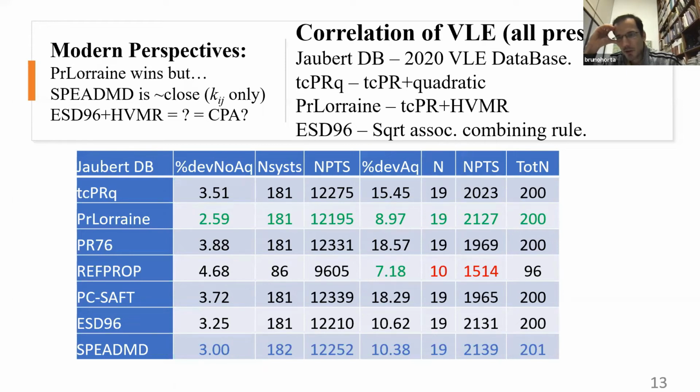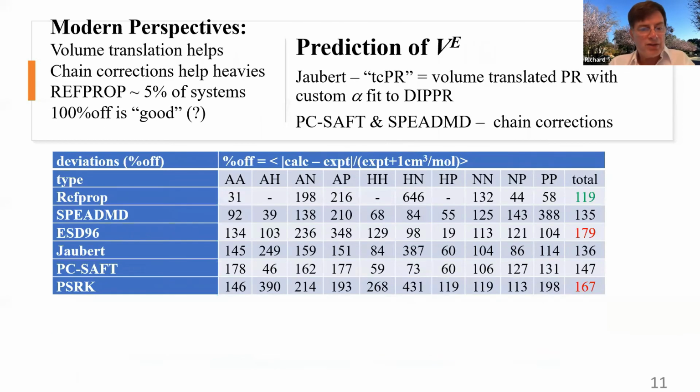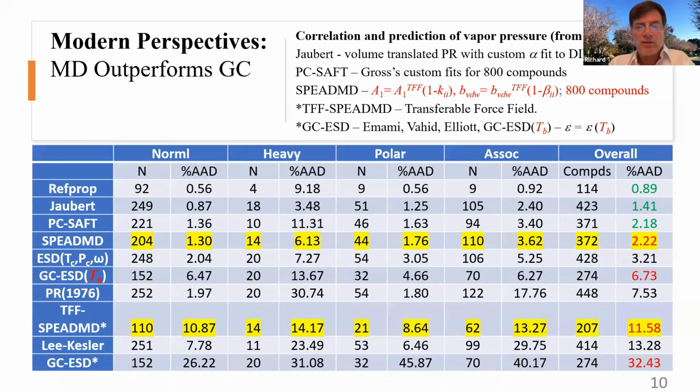Because in principle, you're interested in using these methods to estimate properties that have not been measured before. Right. So I've done a little bit of that when it comes to vapor pressure.